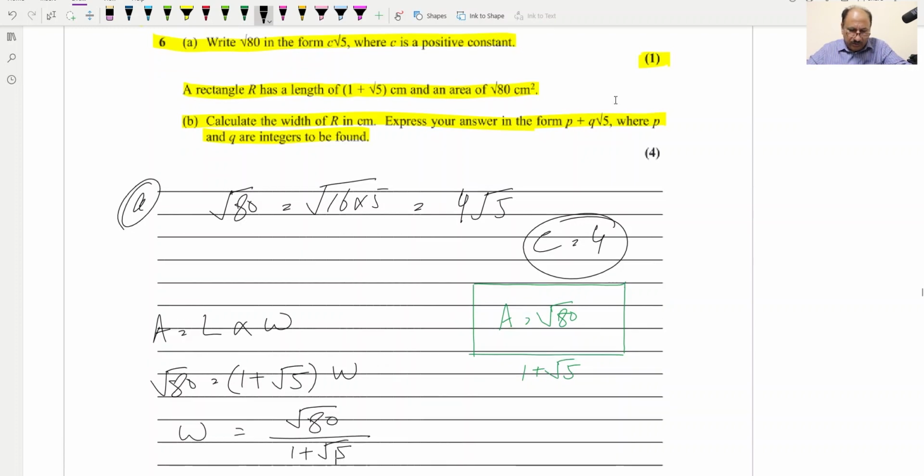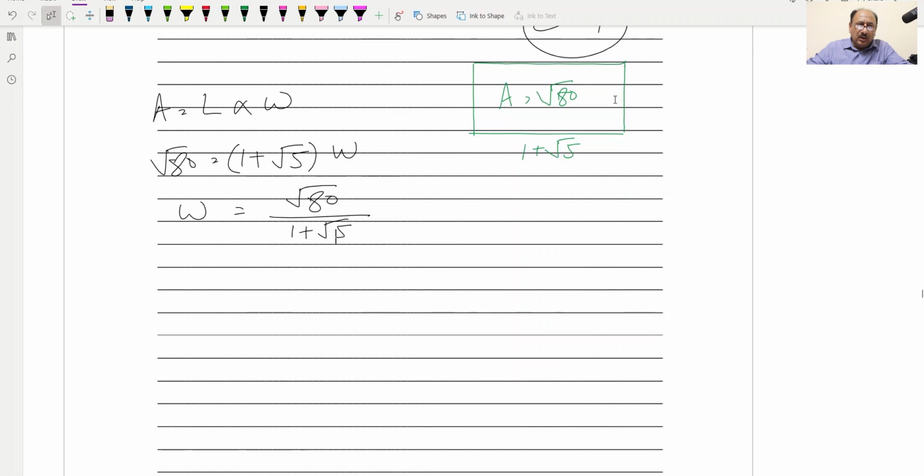Now we need to rationalize this to reach the answer. For that, we will be multiplying it with 1 minus under root 5 and dividing it by this one, and we will apply the formula on the denominator. So a plus b into a minus b is equal to a squared minus b squared.